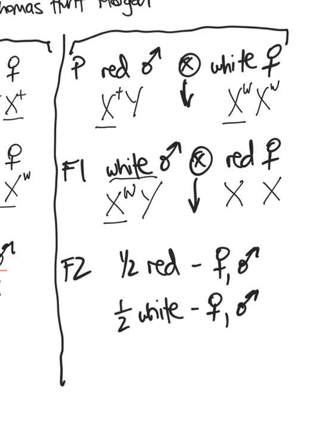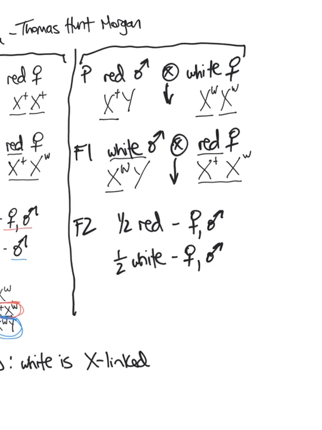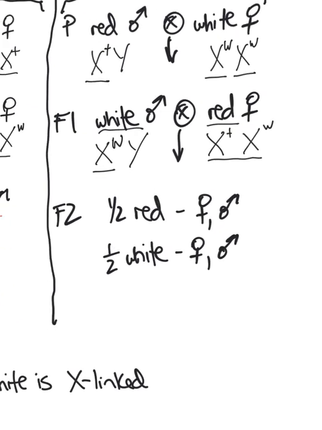She's going to get an X chromosome from the parental father, which has a wild type allele, and an X chromosome from the parental female that has a white allele. And as we see again, wild type in this case is dominant to white, and so this heterozygous female has red eyes.